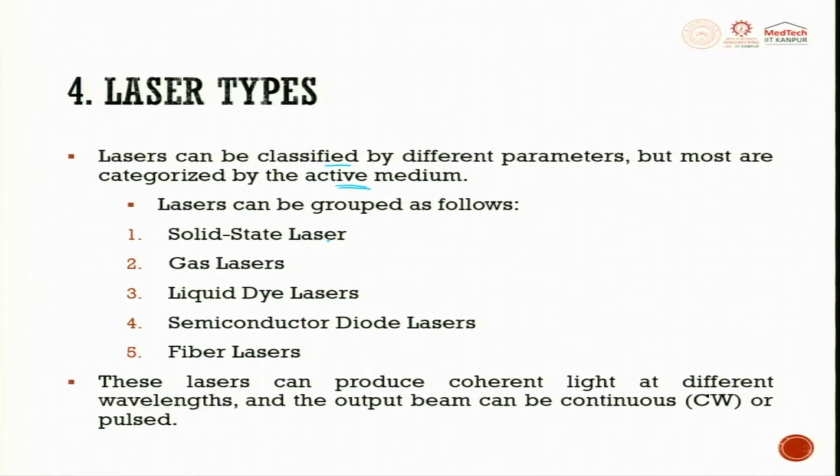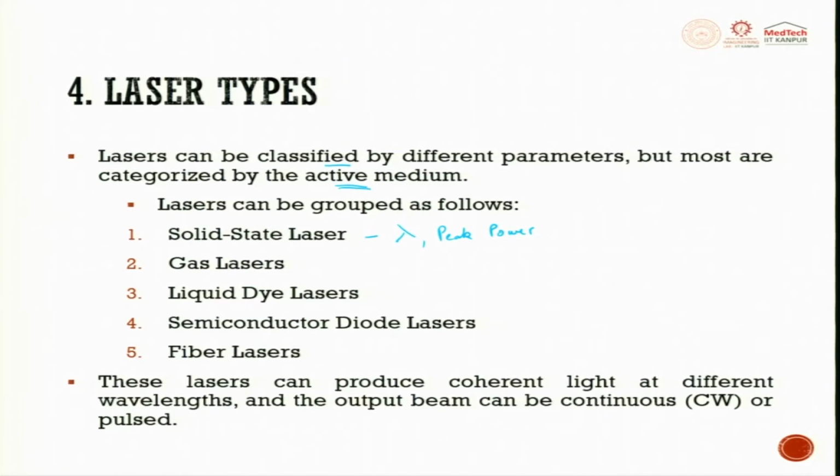Each one of them has its own particular requirements in terms of lambda and in terms of peak power. What you can get in one, you cannot get in the other. That is why we have so many different types of laser.